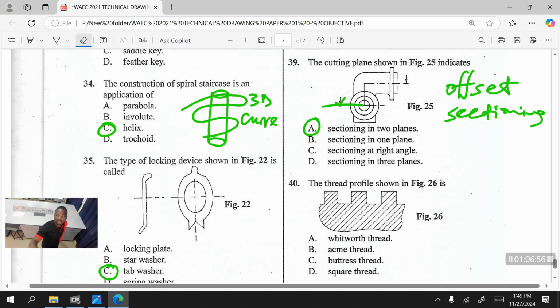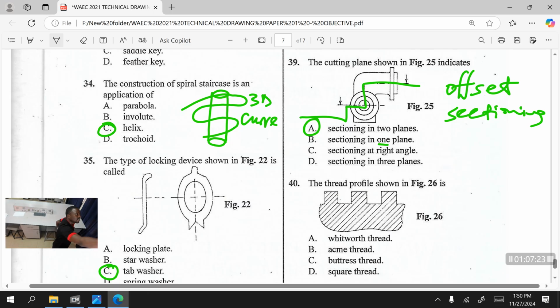Let me show you. Assuming it goes entirely like this across, that will be one plane. If it goes like this in 3 places, maybe they show us like this, like this, like this, that will be 3 planes. Do you get it now? But there is nothing like a right angle plane.